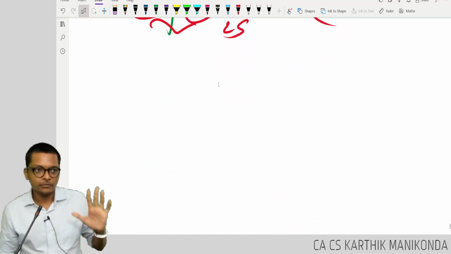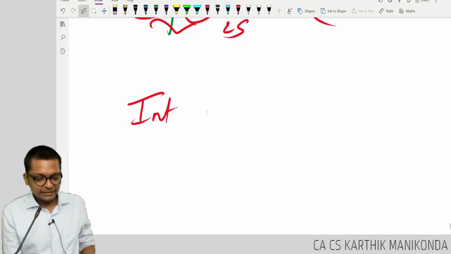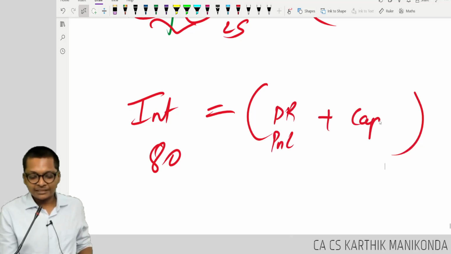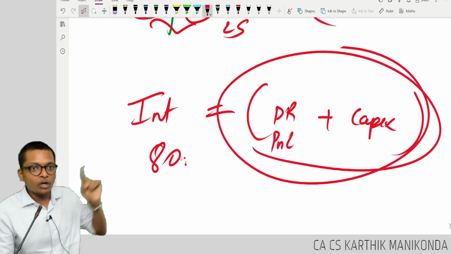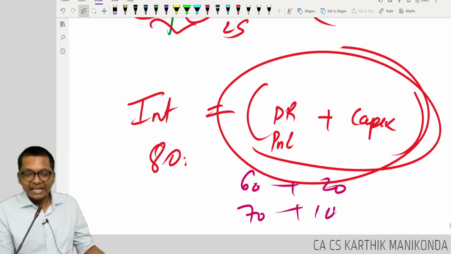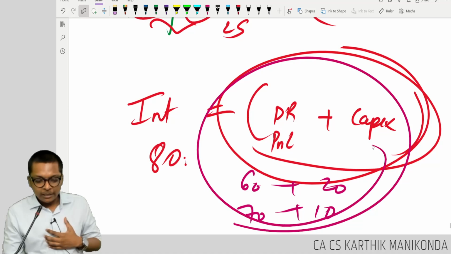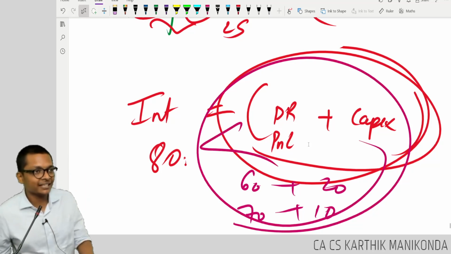In any sum that you are going to solve, the amount of interest, for example, if it's 80, we are only splitting it into how much is debited to P&L plus how much is capitalized. So on the right hand side, when you total, it should not be more than 80. It can be 60 plus 20, 70 plus 10, any combination. One common mistake students make is that this total becomes more than 80. That means somewhere you made a mistake in some computation. Are you getting it, guys?